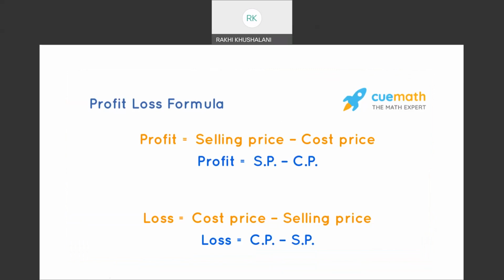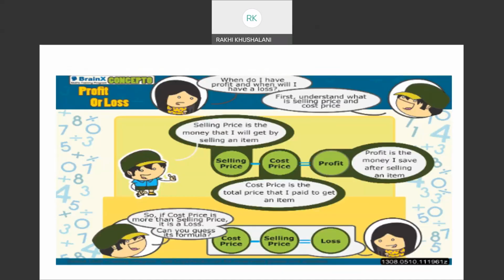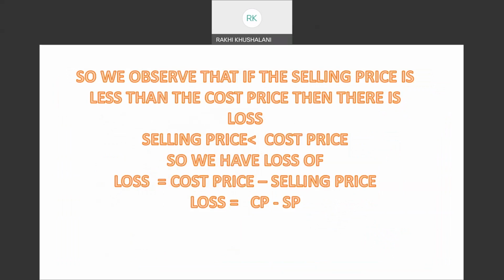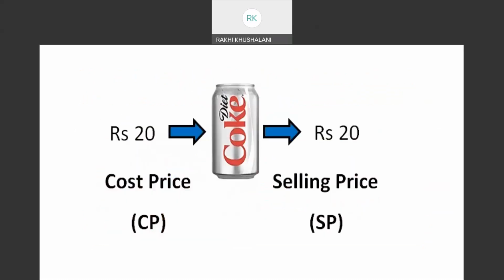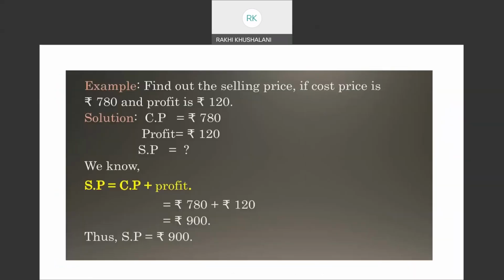I showed you before. Selling price is equal to cost price plus profit. So let's follow this. Selling price is equal to cost price plus the profit, which is 780 plus rupees 120, which gives me 900. So my selling price of the product is 900.